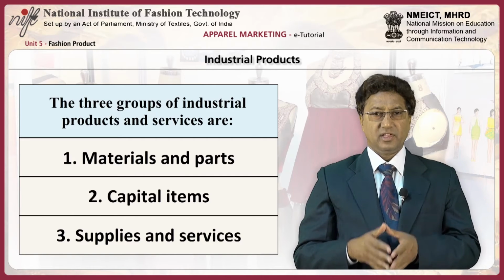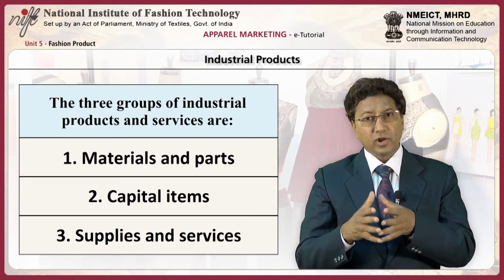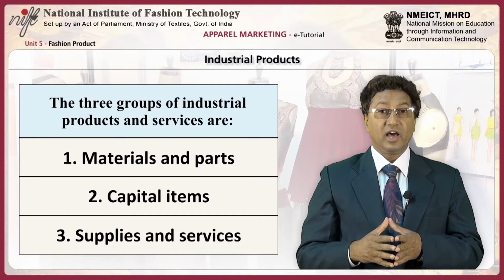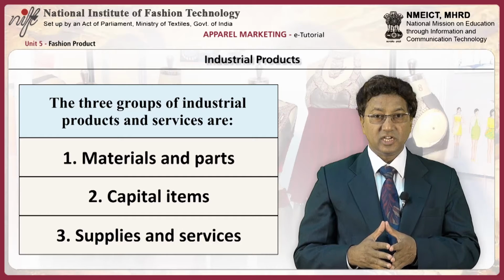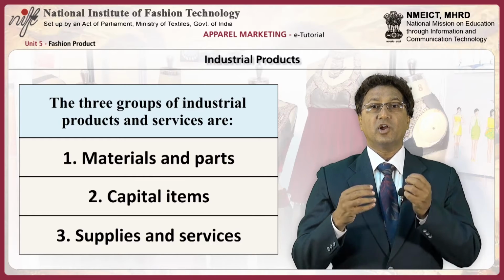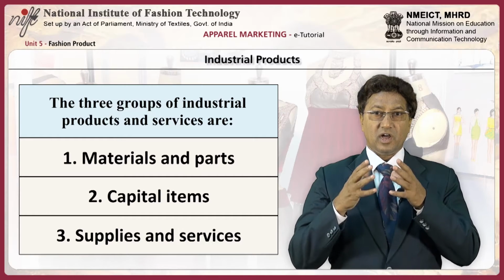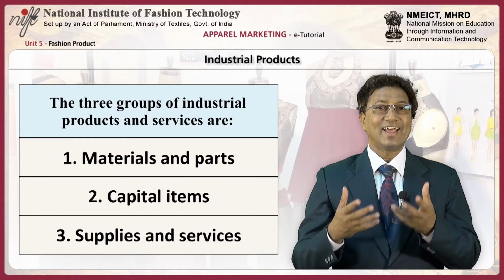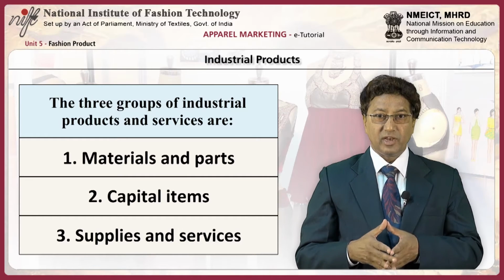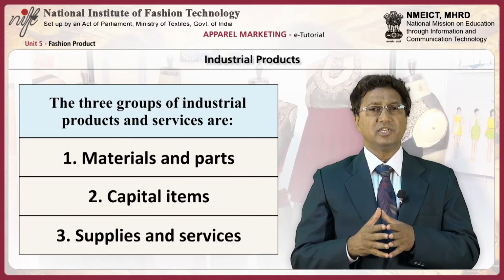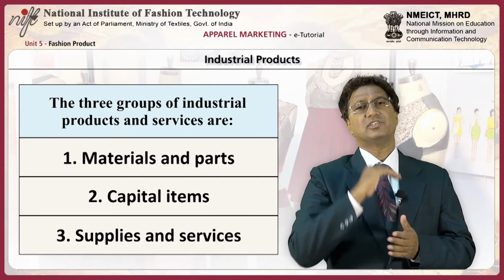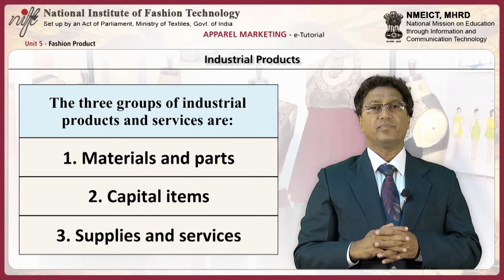Manufactured materials consist of component materials such as iron, yarn, cement, wires, and component parts such as small motors, tires, and castings. Invariably, most manufactured materials and parts are sold directly to the industrial users.